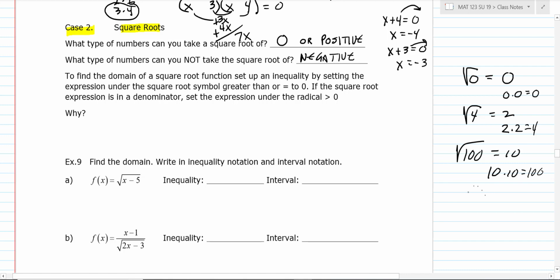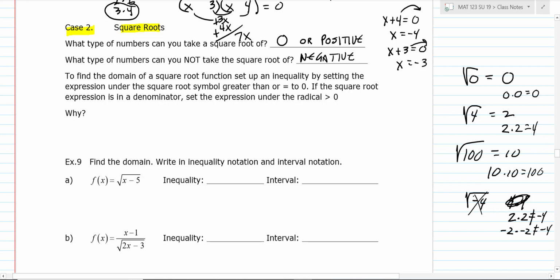What happens, though, is if you do a negative number, it doesn't make any sense. If you had the square root of -4, the answer can't be 2, because 2 times 2 is not -4. The answer can't be -2, because when you multiply 2 negatives, you get a positive, so that doesn't work either. And you can't have 1 negative and 1 positive. It's got to be the same number, so that doesn't make any sense.